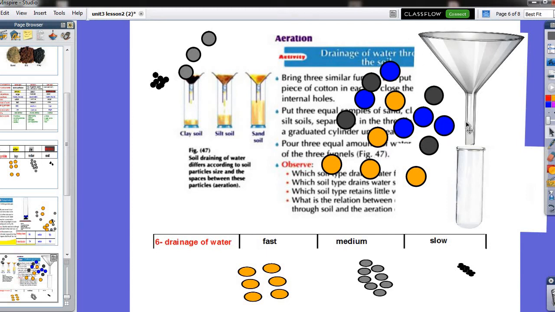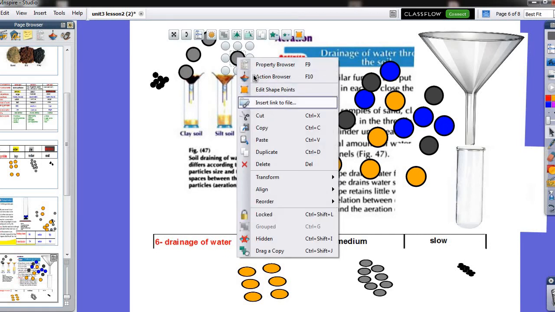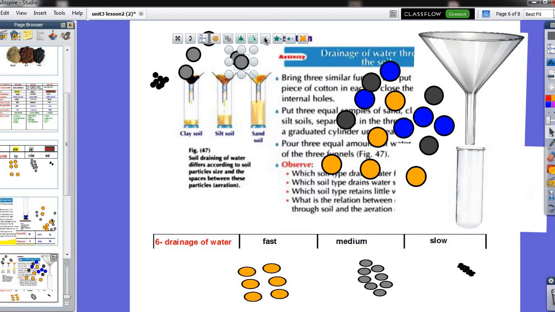Okay, instead of the sand soil, I will put silt soil. Here, silt soil. The size of the particles is medium. The space between them is medium.